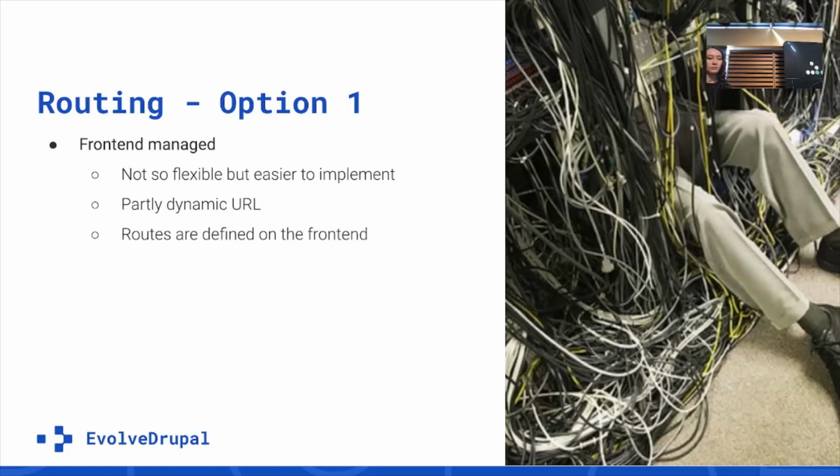In the first approach, the front end keeps the routing intact, and it's mostly going to be code driven. You'll probably end up with some static routes in there, but you can always make part of it dynamic. It's a lot simpler to implement for sure, but it's also less flexible.